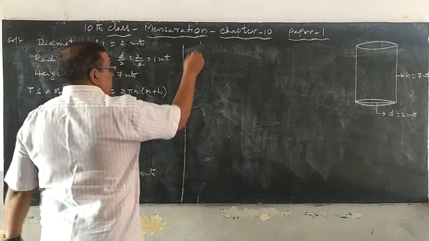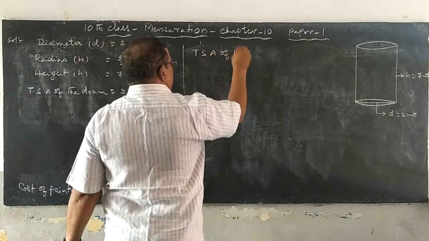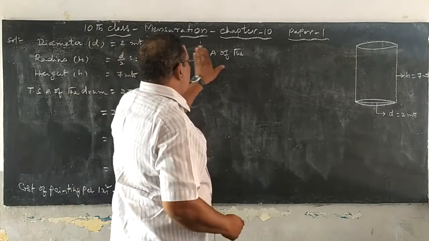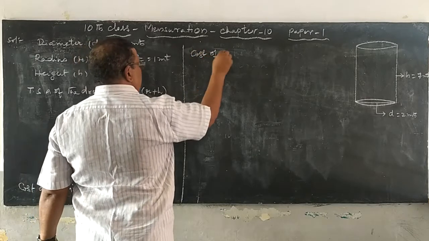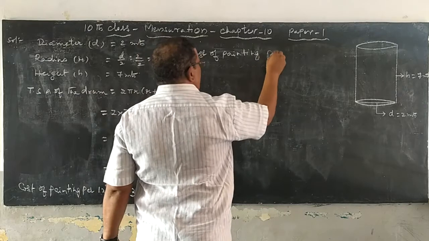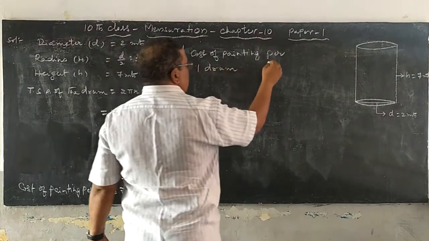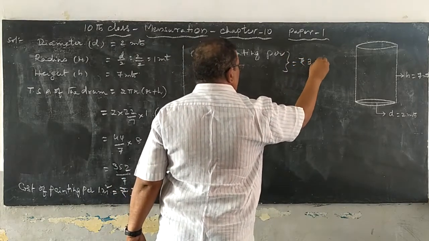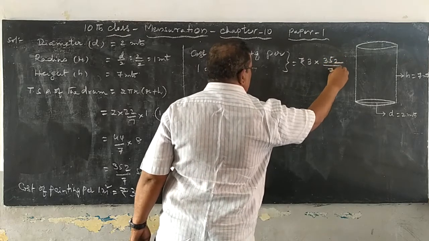Therefore, the total cost of painting per 1 drum is equal to rupees 3 into the total surface area of the drum.